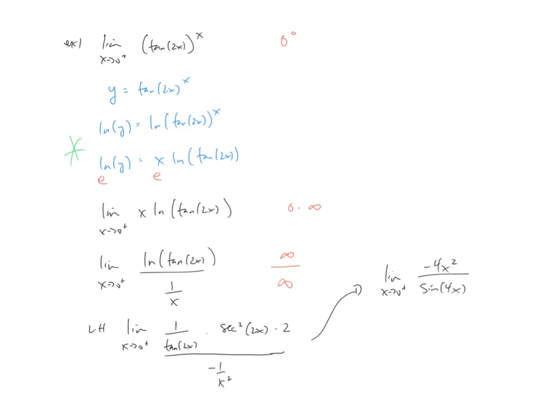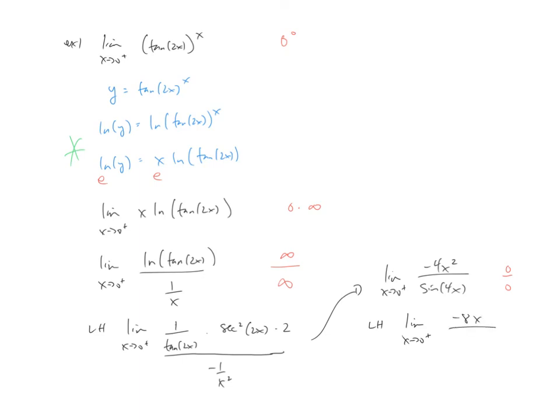So now we're ready to reevaluate. We'll plug in 0 from the right, top and bottom. And from here, you get a 0 over 0, which is also an appropriate L'Hopital indeterminate form. So I'm going to need to continue and do another iteration. So in our numerator, we'll have our negative 8x.